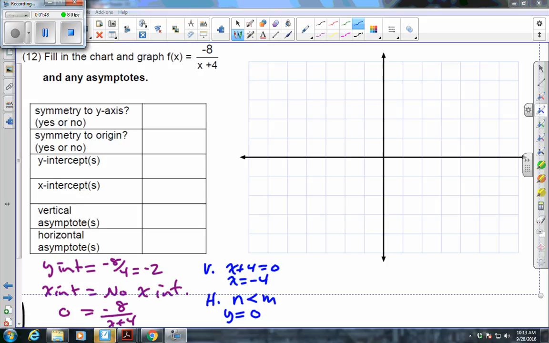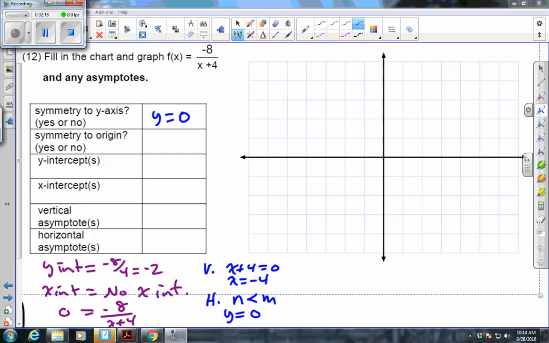So right now the last thing we have to do is plot some points. So let's fill in what we know so far. Y equals 0 is the horizontal asymptote. Is it symmetrical to the origin? If we plug in negative x, we're not going to have the exact opposite.